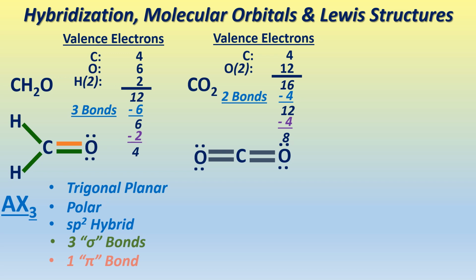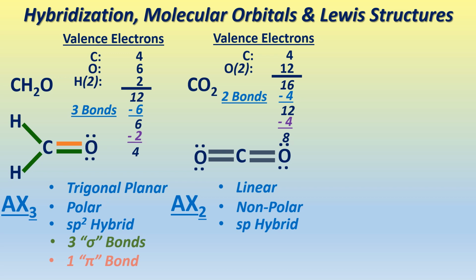This molecule, with carbon being A and oxygen being X, has the general form of AX2, which means it's linear, it's symmetric, so it's nonpolar, and in this case, AX2 requires only 2 orbitals to hybridize, so there will be 1 S and 1 P to make an sp hybrid. 4 bonds, 2 double bonds are shown.